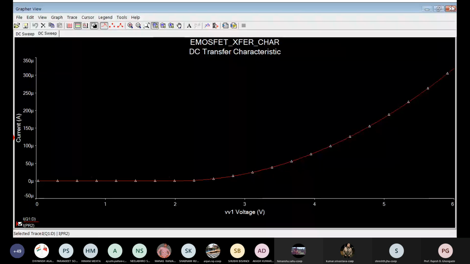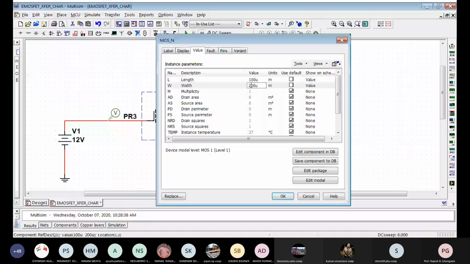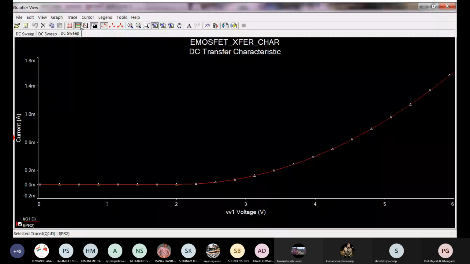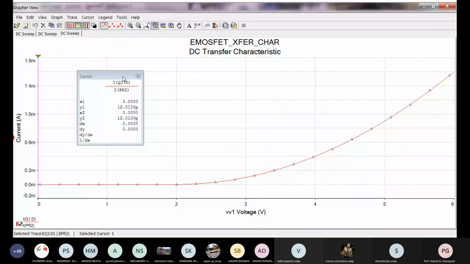I want to increase the current as well, so I'll take this higher. Are you able to see this? Yes, sir. Is it the same as what we have seen in the previous sessions?